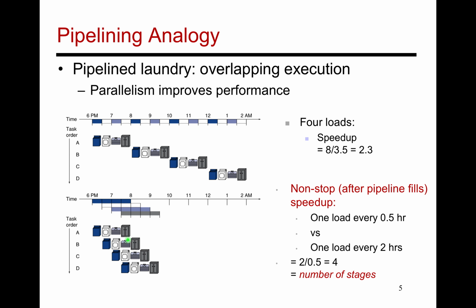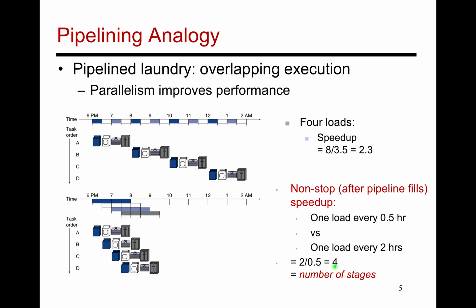So at the steady state, we are basically completing one load every half an hour compared to the sequential where it took us 2 hours to do one load. Therefore, our speed up is 2 over 0.5, which is a speed up of 4. So in general, at the steady state, the performance of the pipeline is improved according to the number of stages of the pipeline.